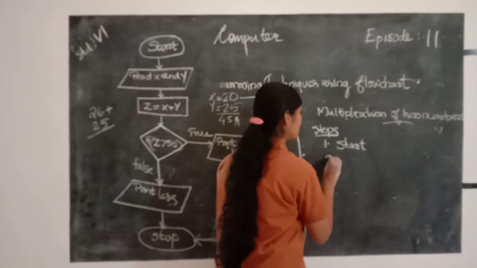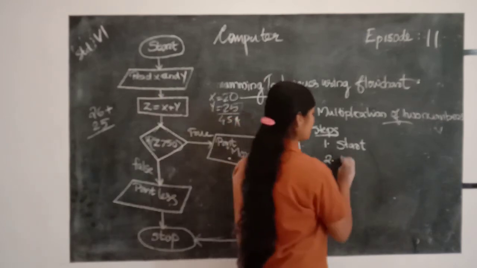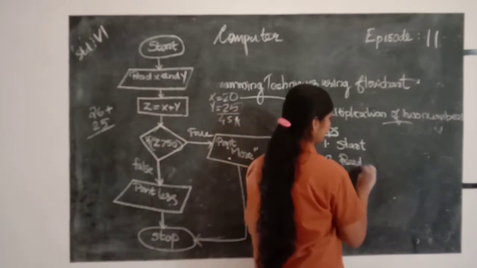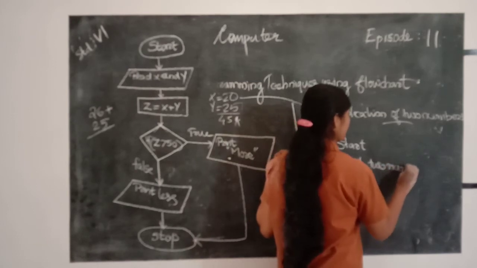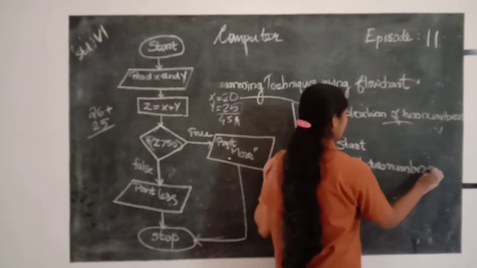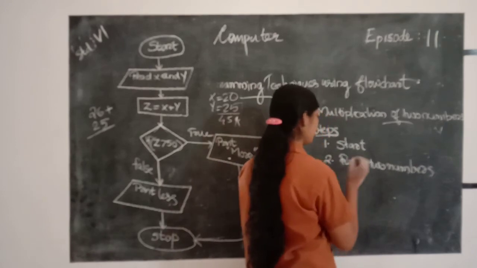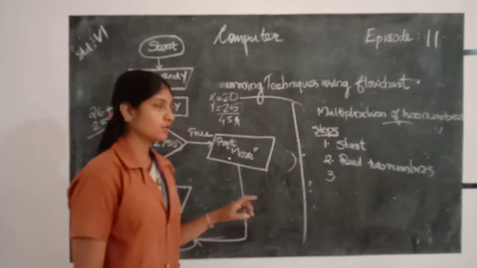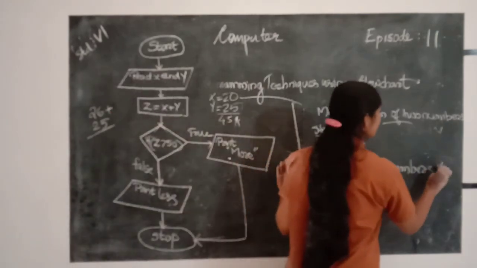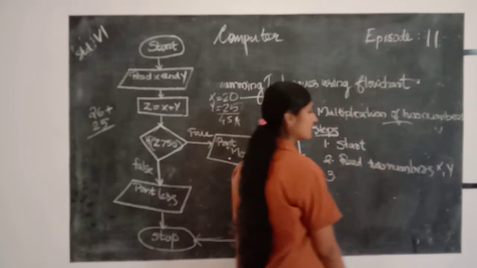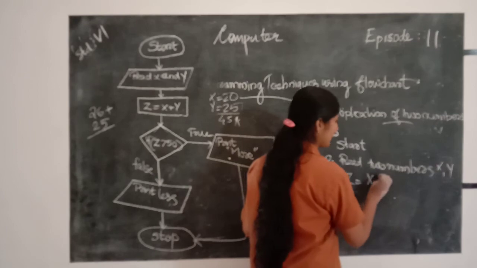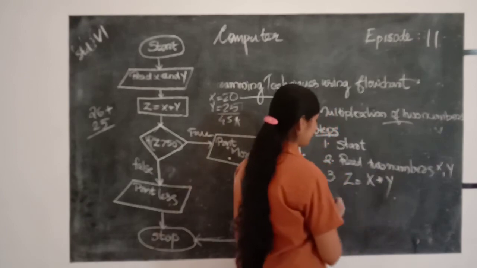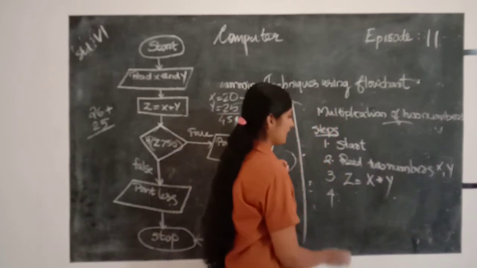Then step 2: read two numbers. Then step 3: multiply two numbers and store the result in another variable. So let's say z is equal to x into y. Then stop.